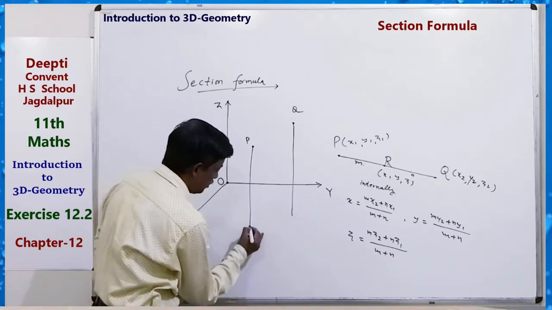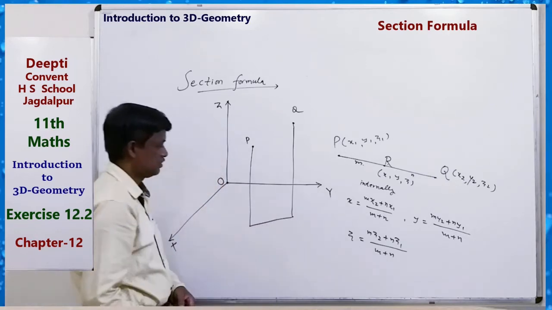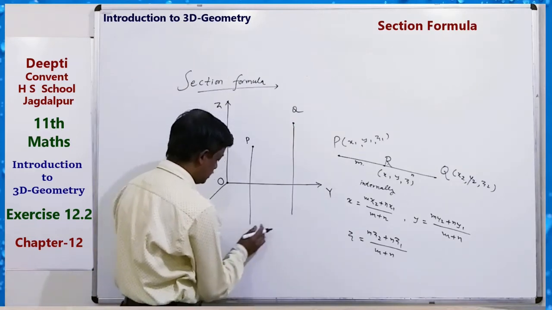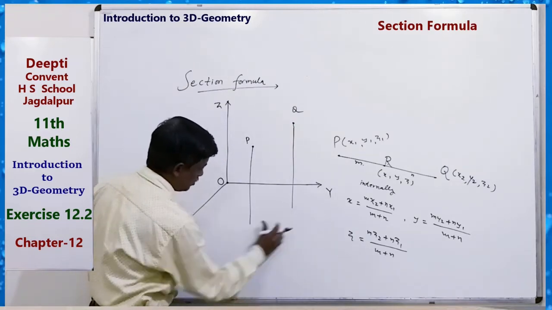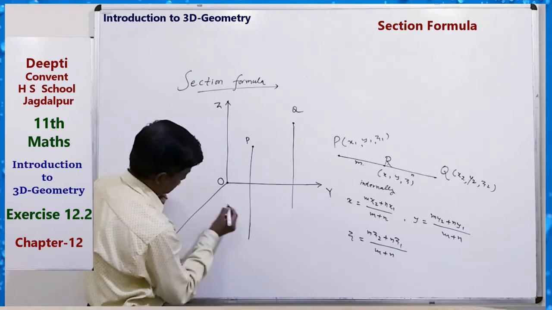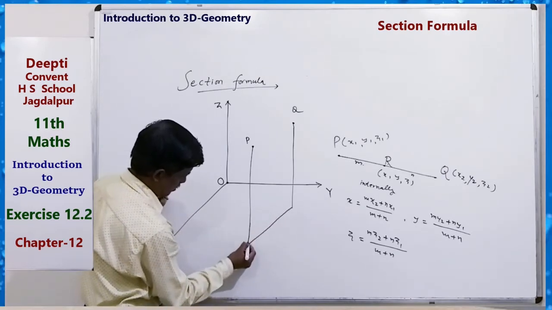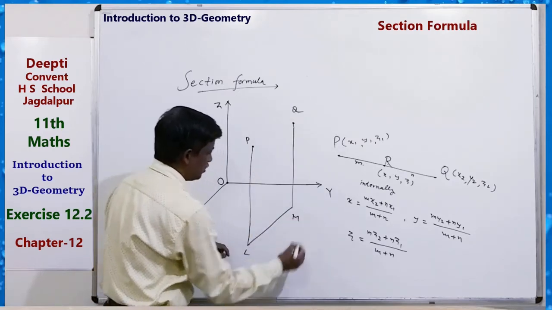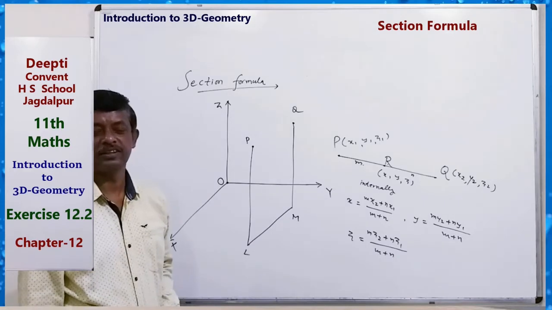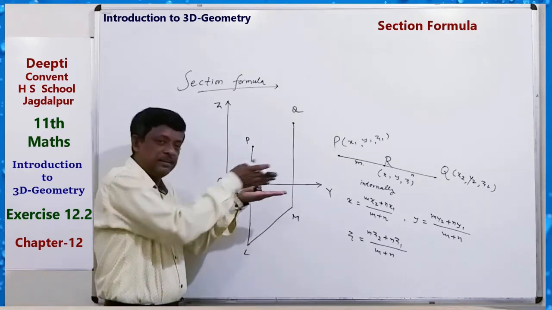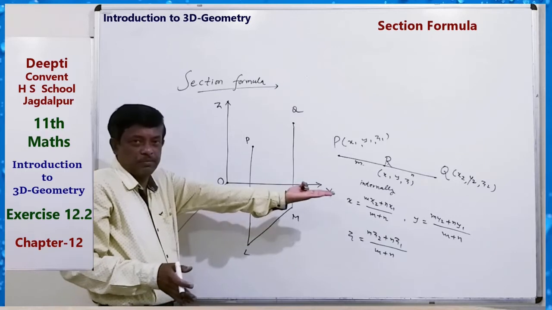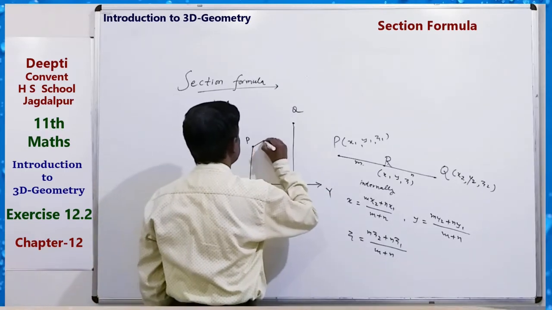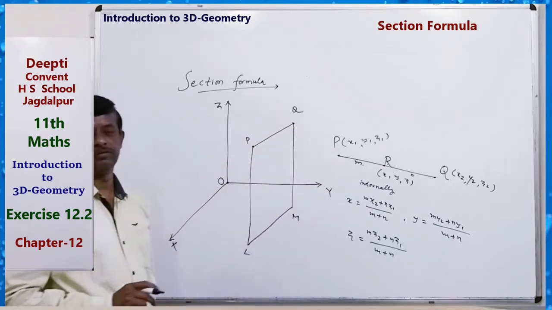Now we are drawing this parallel to this line PQ. LM is the line on the XY plane, and this is PQ.